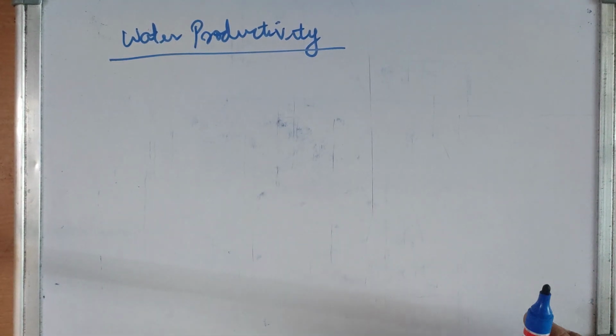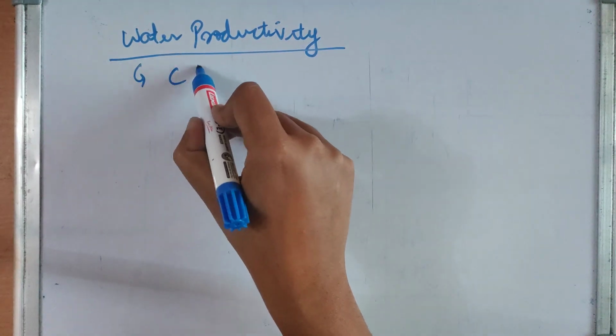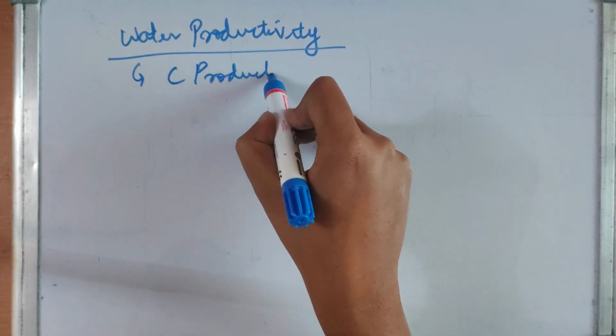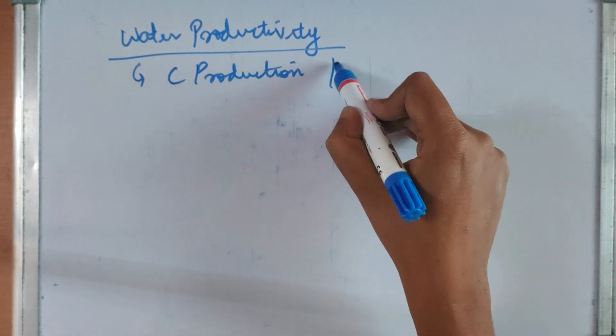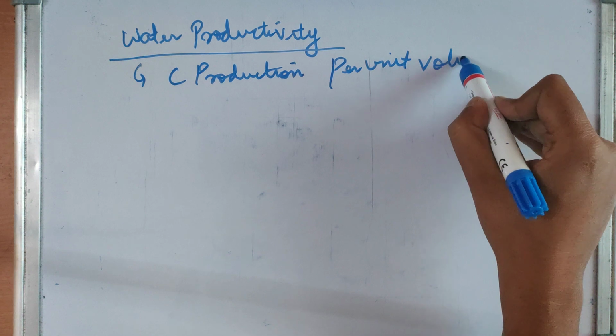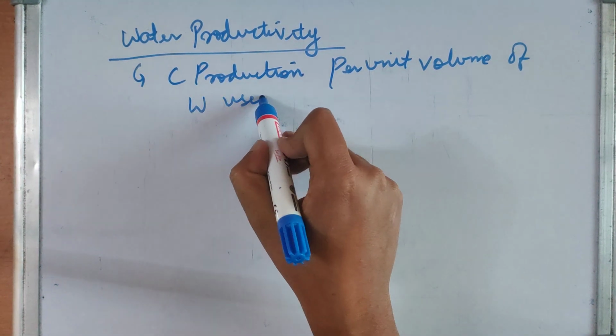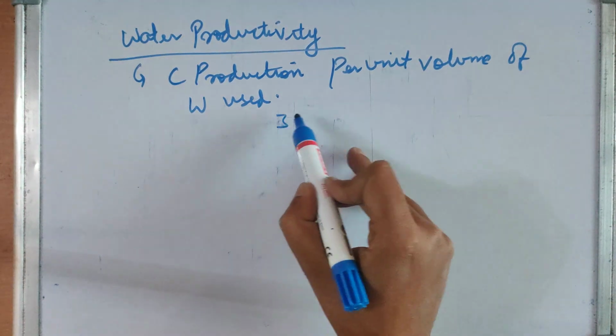It is defined as crop production per unit volume of water used. Crop production per unit volume of water used.